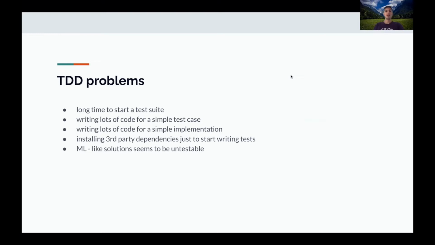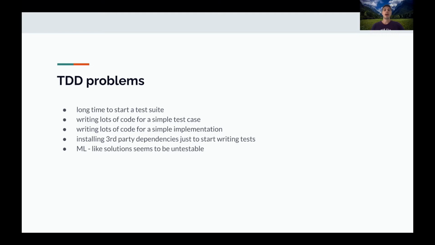When you're practicing test-driven development, you may face some of the issues, such as a long time to start the test suite, writing lots of code for just a simple test case, writing lots of code just to implement a simple thing. You may need to install third-party dependencies just to start writing tests.